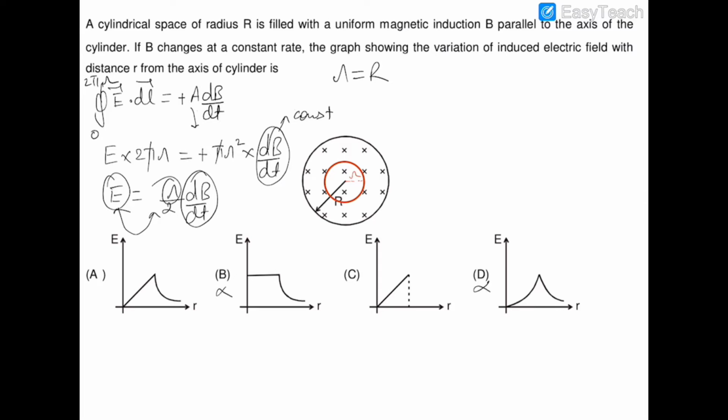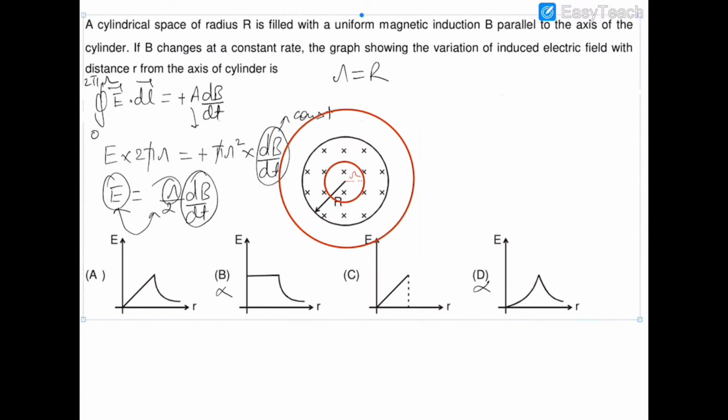So from A and C, now we should draw a bigger loop which has a greater radius than this region. In this loop the expression would be the integration of E dot dl, with the limit from 0 to 2 pi r.